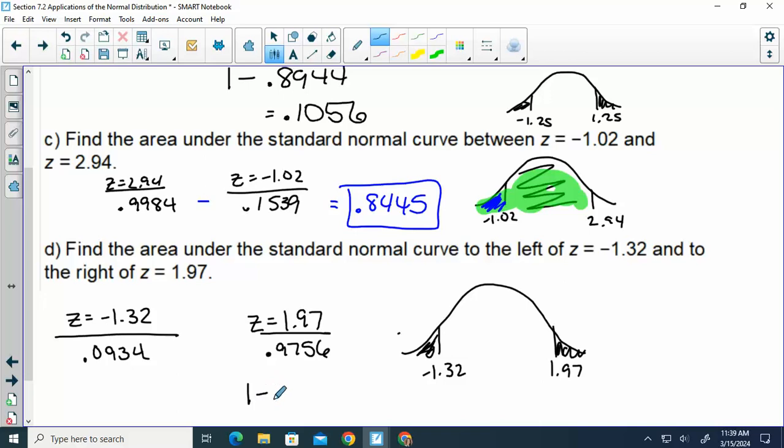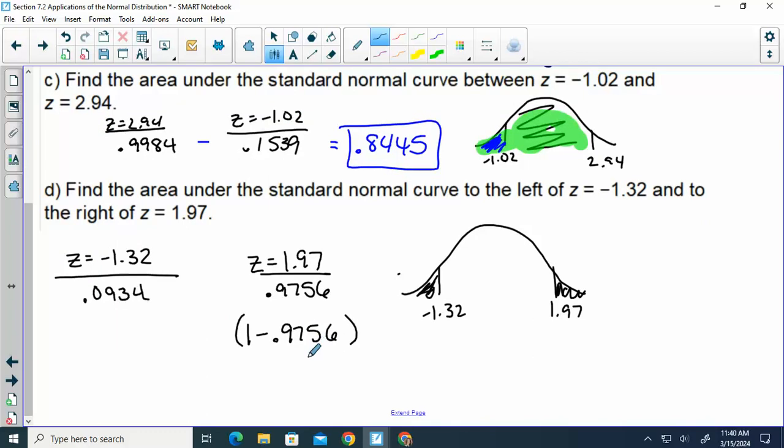So we have to do 1 minus the 0.9756. That'll give us the area to the right. So 1 minus that is, and then, so here is the area to the left, here's the area to the right. What do I need to do with those? Add them up.